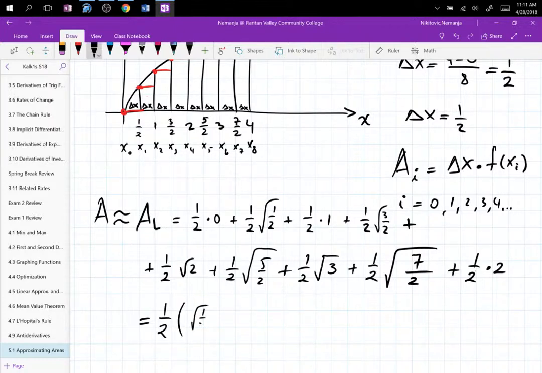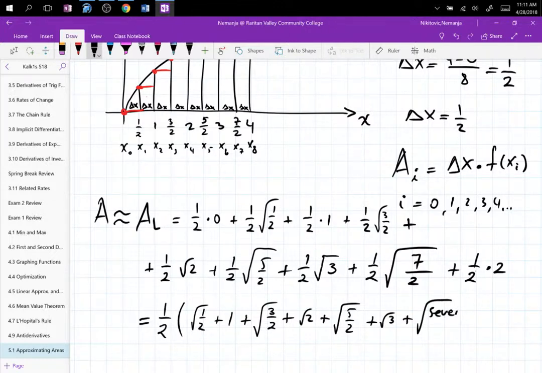So I have square root of 1/2 plus 1 plus square root of 3/2 plus root 2 plus root of 5/2 plus root 3 plus root of 7/2 plus 2. There we go. Now, compute.